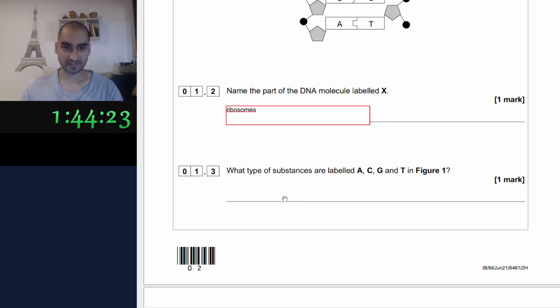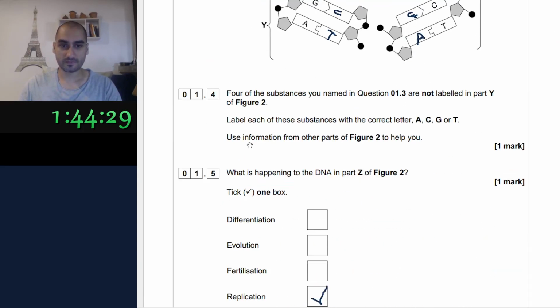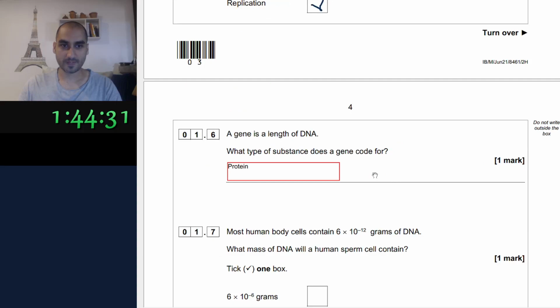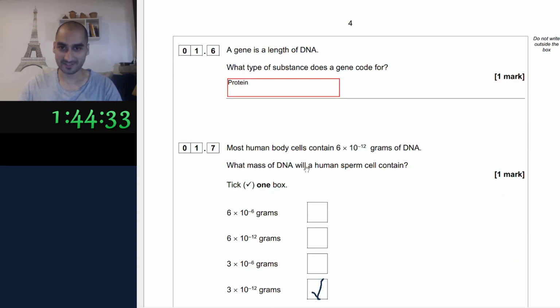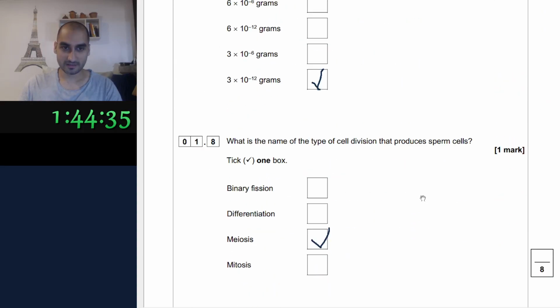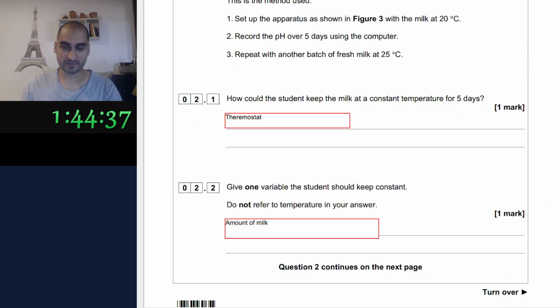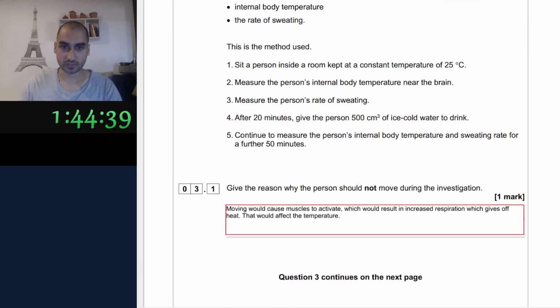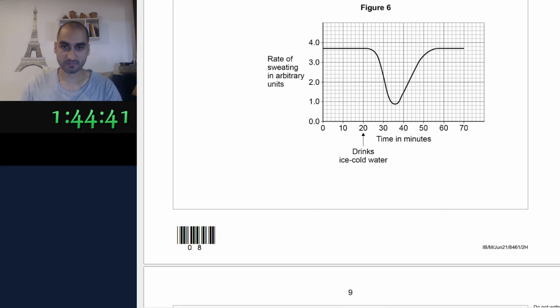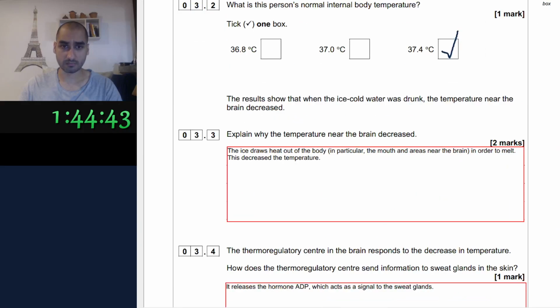Should I just do that thing? When I don't know, I just say proteins. I did that in this question as well. I think I've done better in this paper than paper 1 for sure. Especially in those 6-mark questions, I've probably got at least 2 or 3 in most of them.